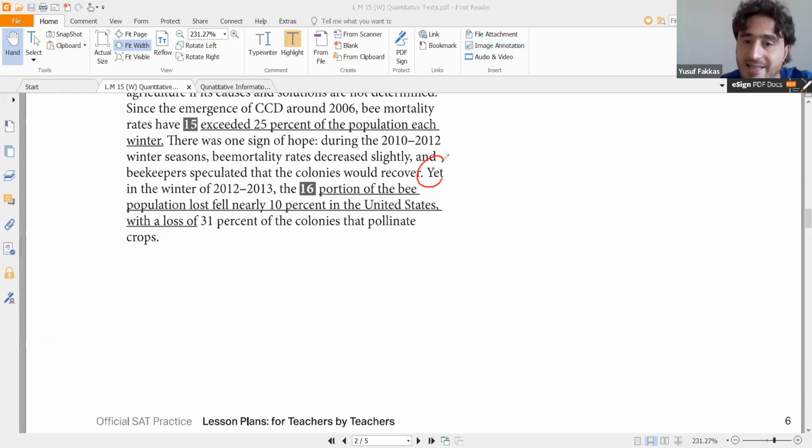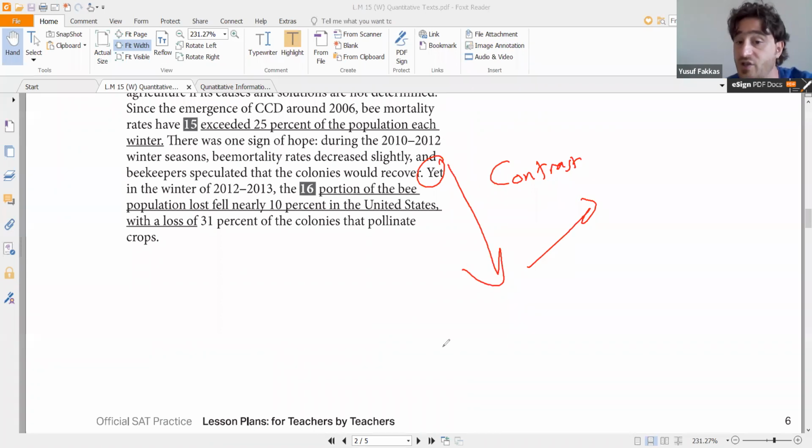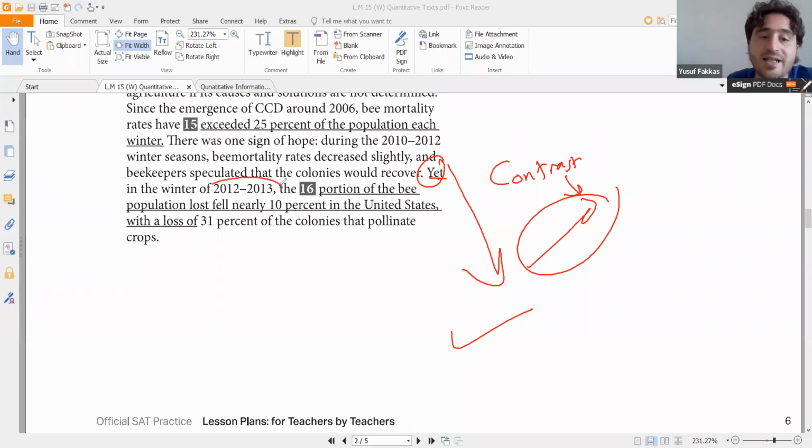Now let's focus here. Yet. We have contrast. So what do we expect? We expect an increase, because after these two seasons, we have a lot of decrease, which is something good, because we're talking about the death rates. We have yet, so I should expect that what's coming is the opposite. In the winter of 2012, 2013, the portion of the bee population lost fell.